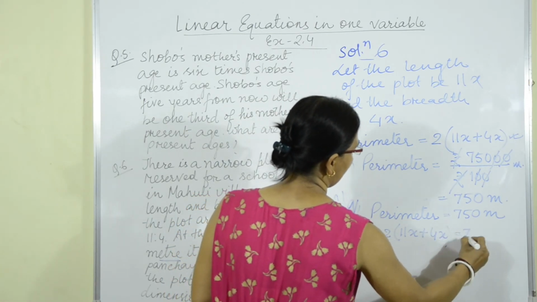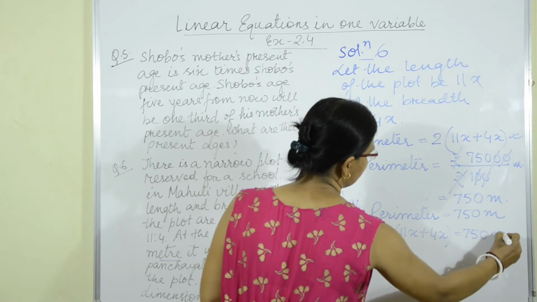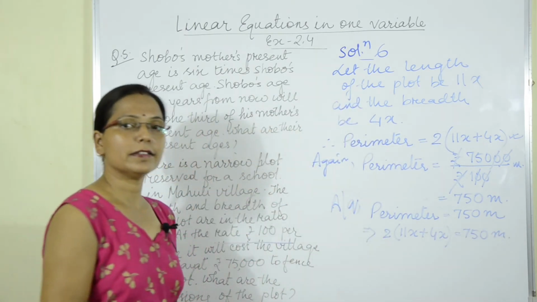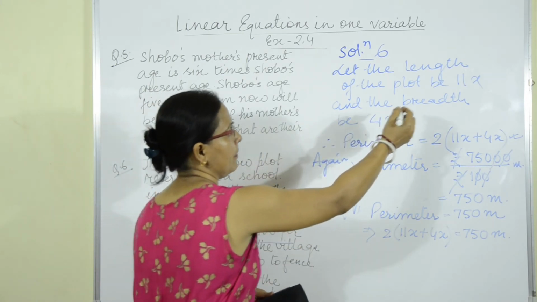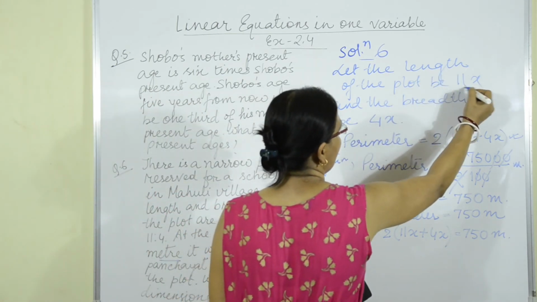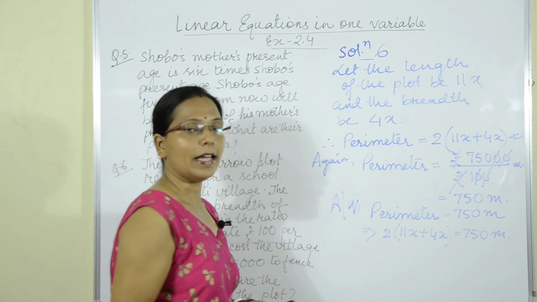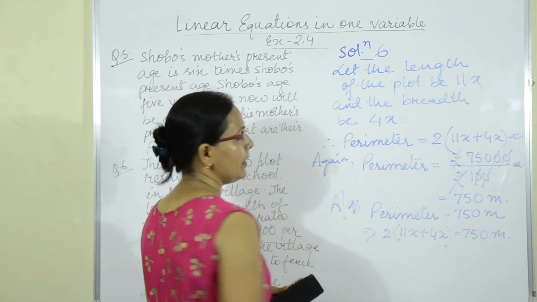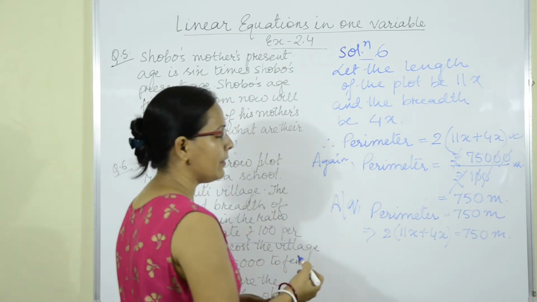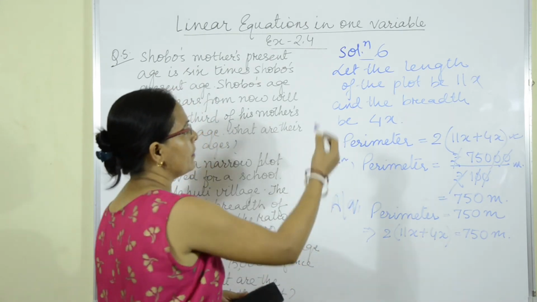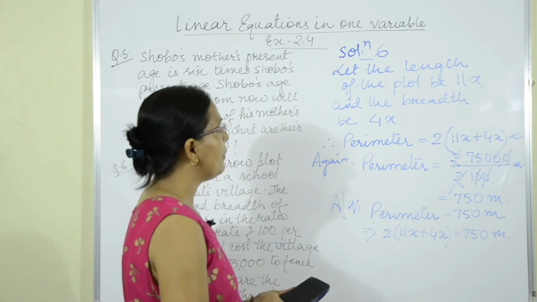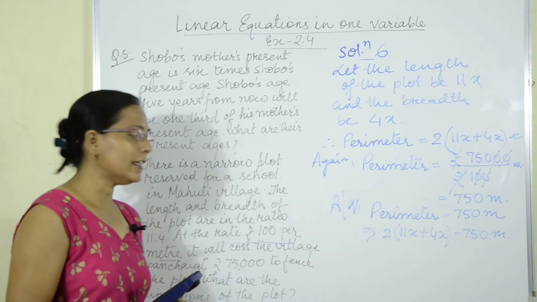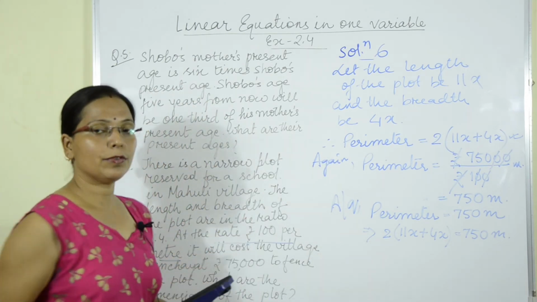Now, when you solve for x, you get the value for x and then you put the value of x in 11x to get the length and in 4x to get the breadth. Length is 11x and the breadth is 4x. I hope you have understood this. Solution you will have to do on your own.